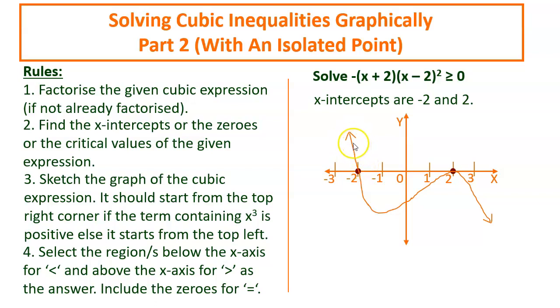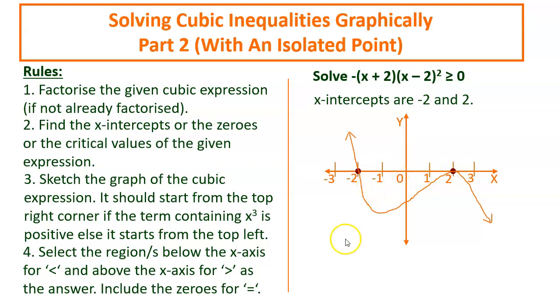So we have to take all values of x that are less than negative 2 in the solution set of x. And because of this equal to sign, we have to include the 2 x-intercepts as well.